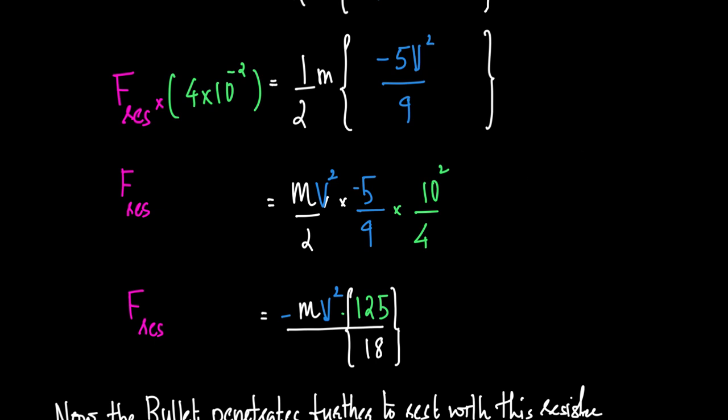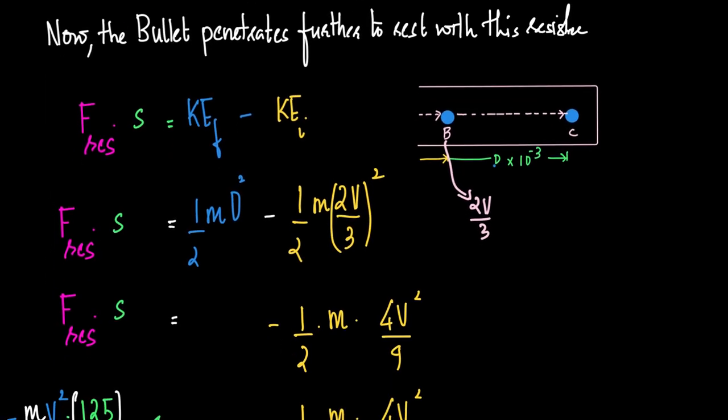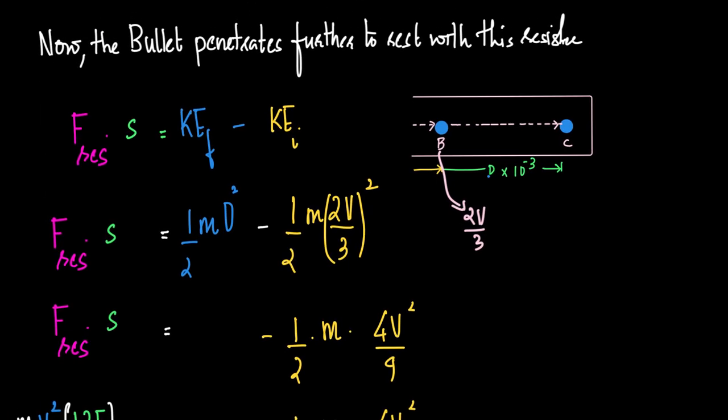Let me just confirm this. We have 25 into 5, which is 125. Right, 125 by 18. Now what happens to the bullet? After getting this F resistive, it penetrates further and eventually comes to rest. B is the point where the velocity is 2v by 3 and eventually it comes to C where the velocity is equal to 0.